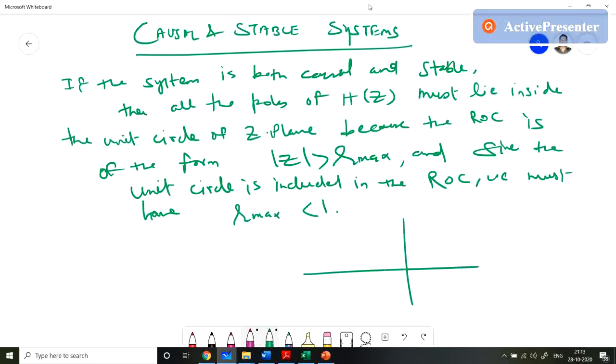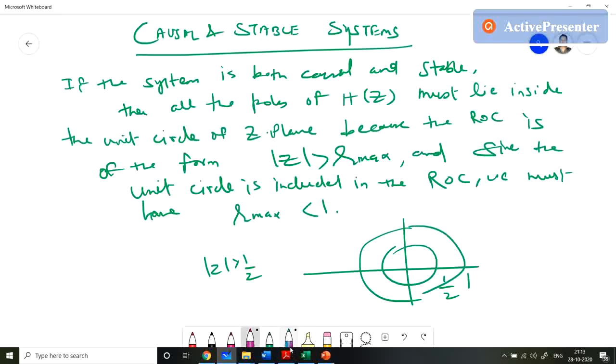It means suppose we have mod z greater than 1 by 2, then this is the unit circle. So basically the poles are inside the unit circle.